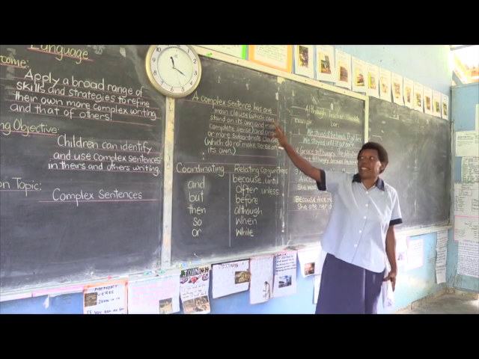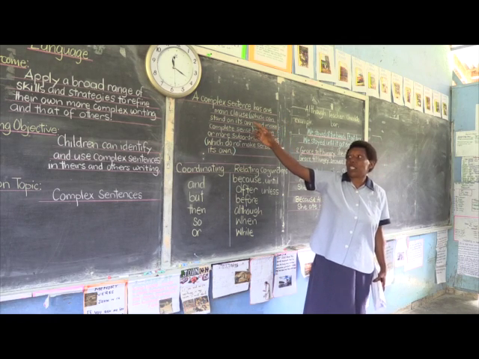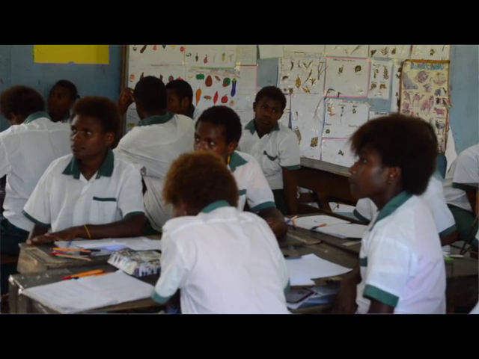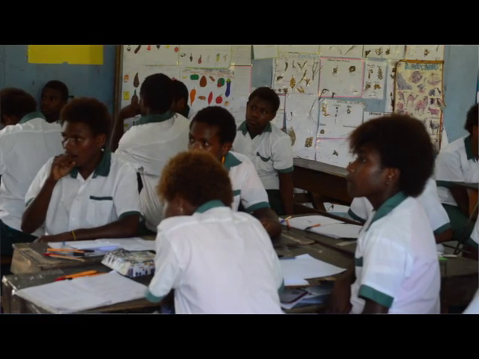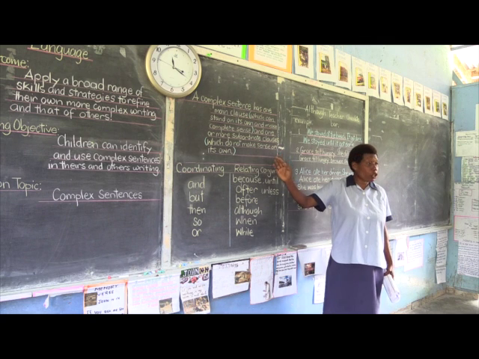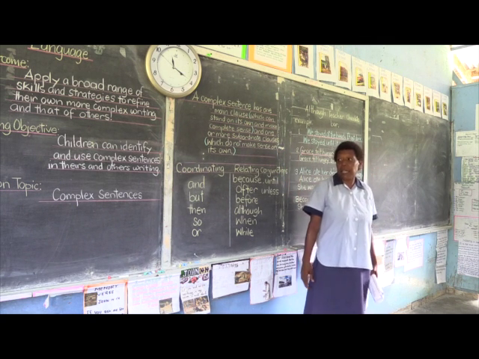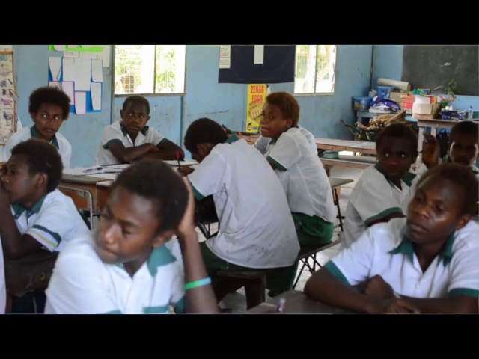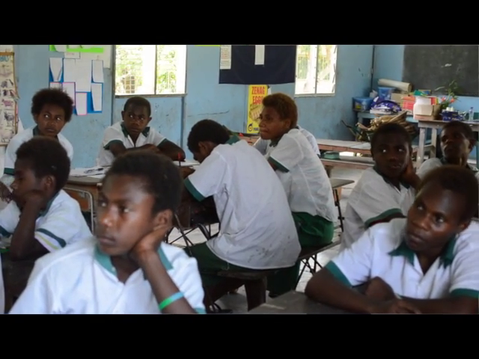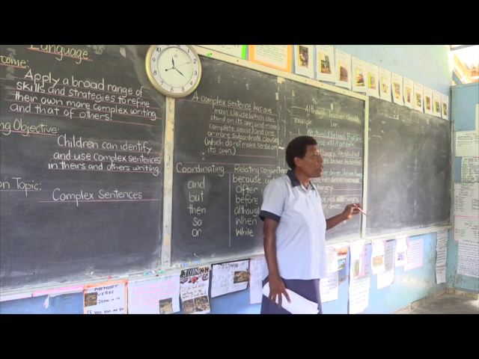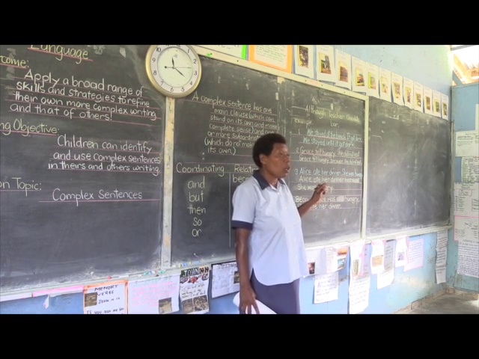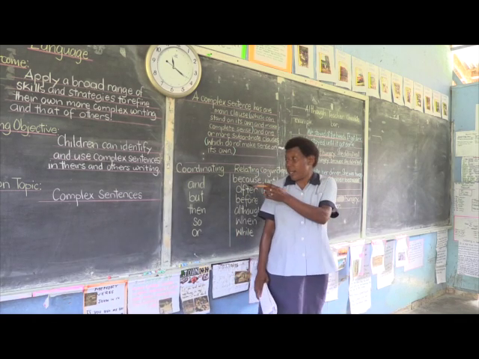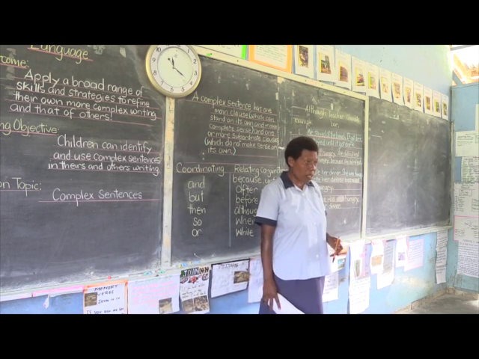A complex sentence has one main clause which can stand on its own and make a complete sentence, and one or more subordinate clauses which do not make sense on their own. And we have used the relating conjunctions to relate the main idea to the subordinating clause, as well as, the last part of it, we have come up with complex sentences beginning with the relating conjunctions.